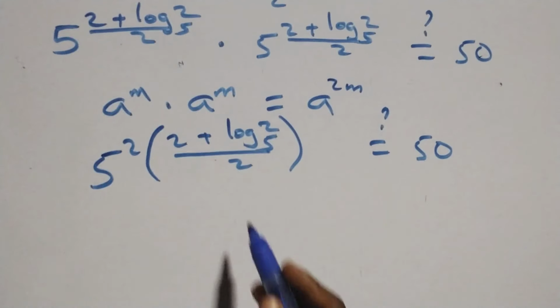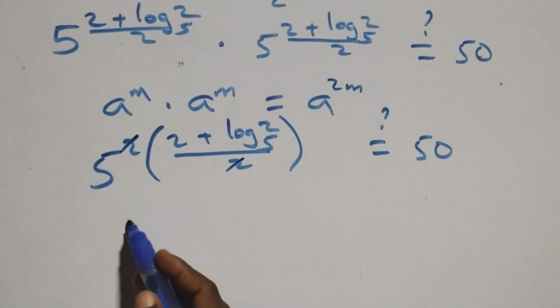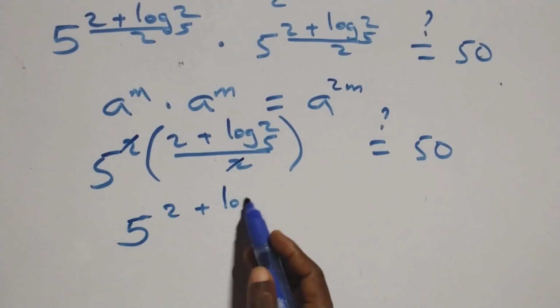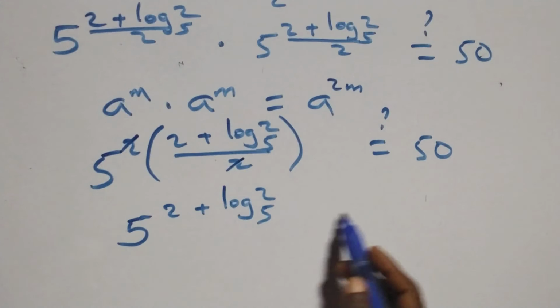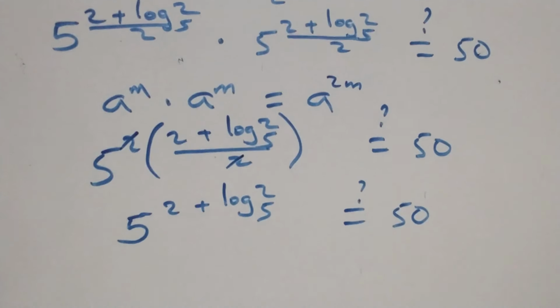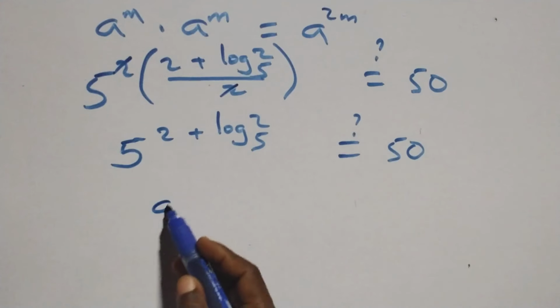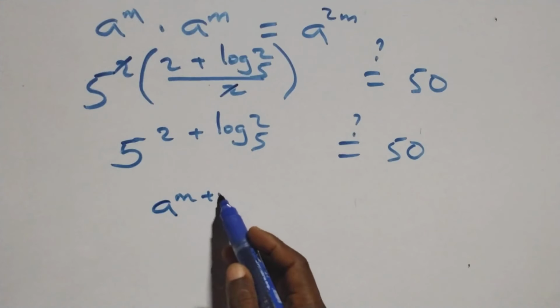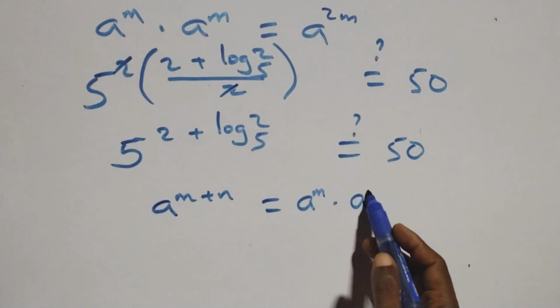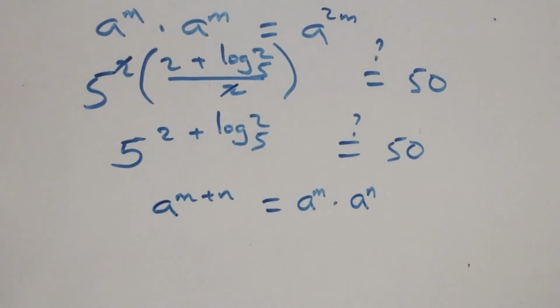And this power multiplies. 2 here cancel with each other. We have 5 raised to power 2 plus log 2 base 5 equals 50 on this side. We follow the law of indices here. When we have a raised to power m plus n, this is the same thing as a raised to power m times a raised to power n.